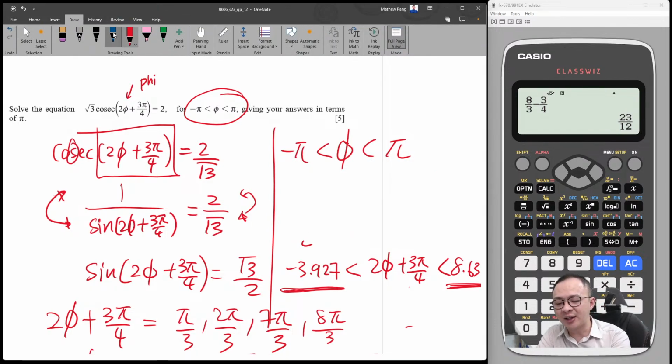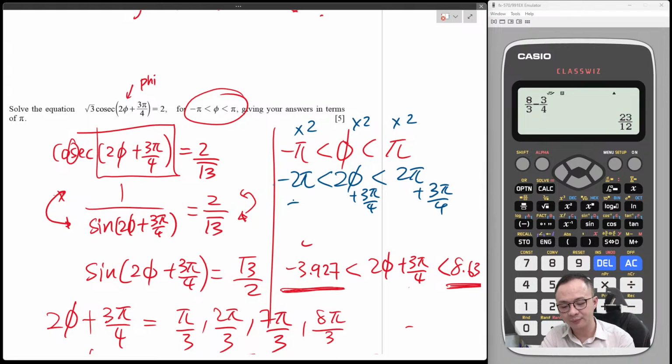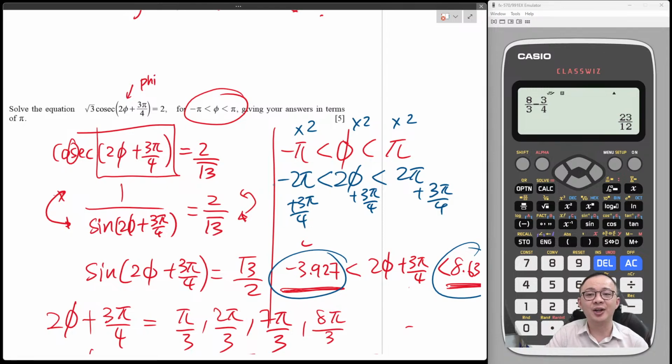Of course, some students can straight away multiply 2 and plus the angle, but I do step by step. I multiply 2 for everything, so here times 2, here times 2, here times 2. Then I plus 3 pi over 4 for every single one. Then eventually I will get this range. Okay, I hope you can get the idea.